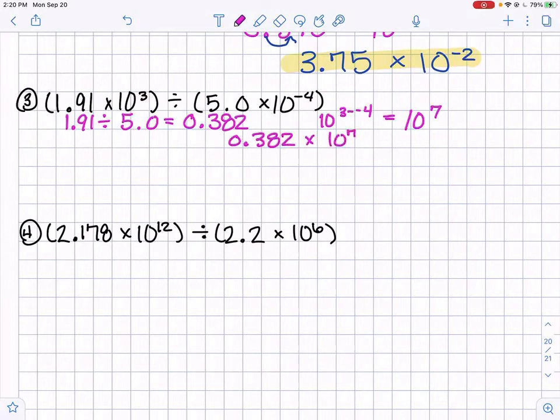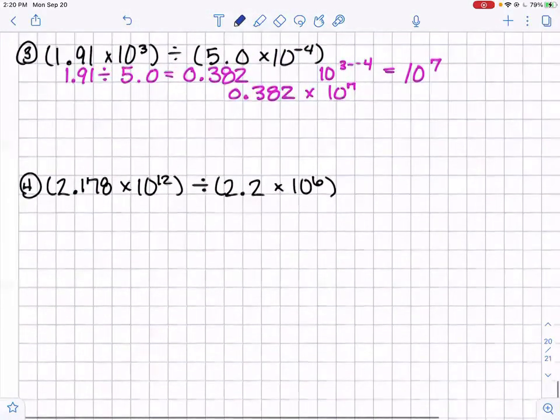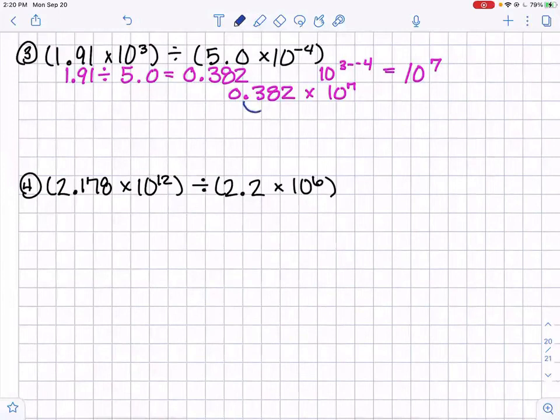Kyra, what do we need to do here? I just moved the decimal over to the right one. Then you subtract 1. If that's the only thing that you missed, you're doing pretty good. 10 to the 6th.